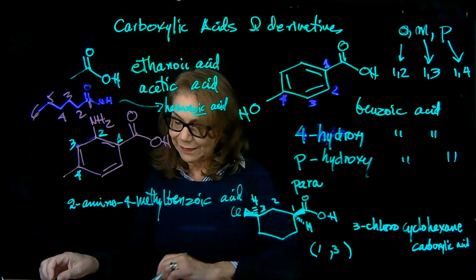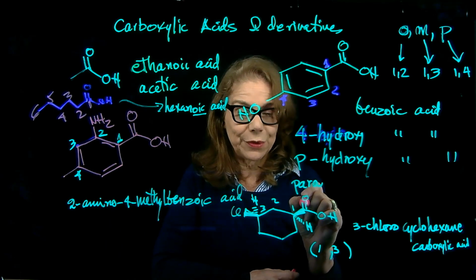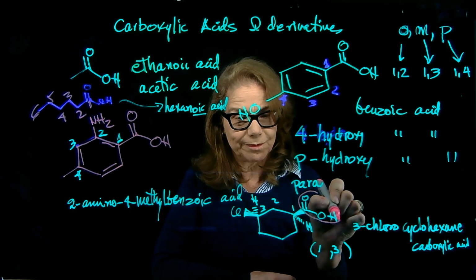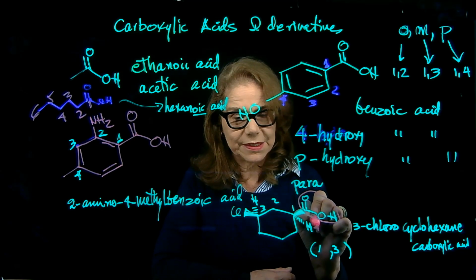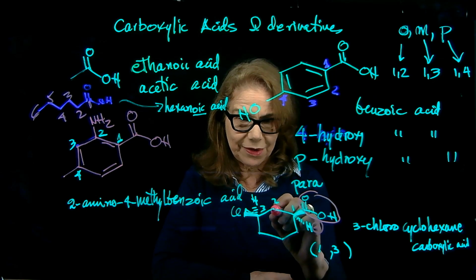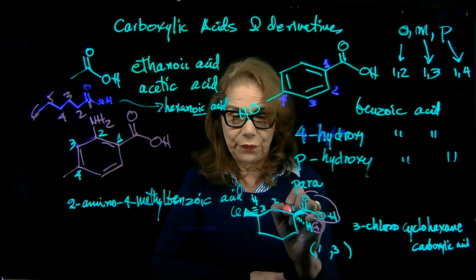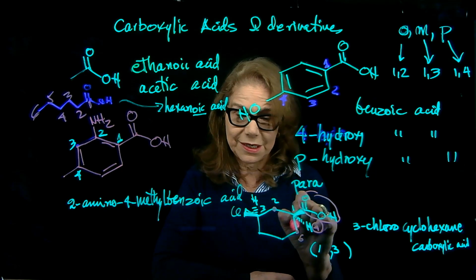So assigning priorities here. In carbon 1, highest priority is this functional group, and the lowest is hydrogen. Then I am between these 2 carbons. This carbon labeled 2 has higher priority than this carbon, which will be 6, if you do 1, 2, 3, 4, 5, 6.